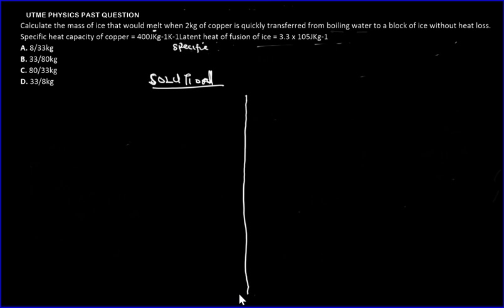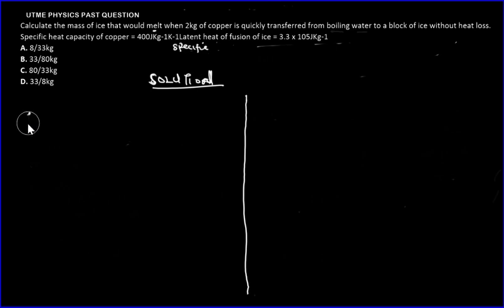In your textbook, you see things like how to calculate specific heat capacity, or the general way of getting the specific heat capacity of substances. There is what we call the electrical method, where the current is supplying heat to the substance.